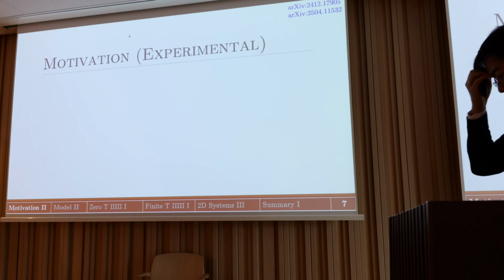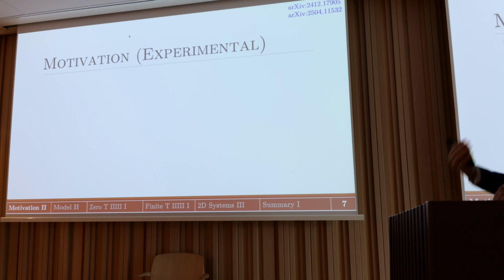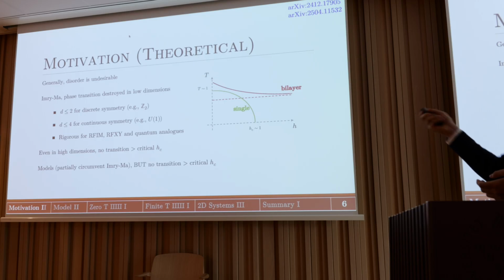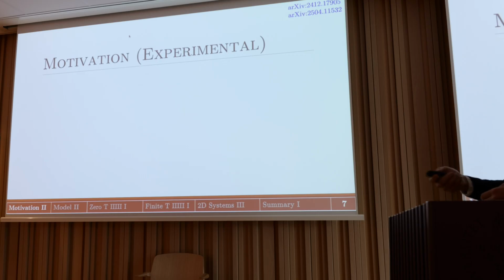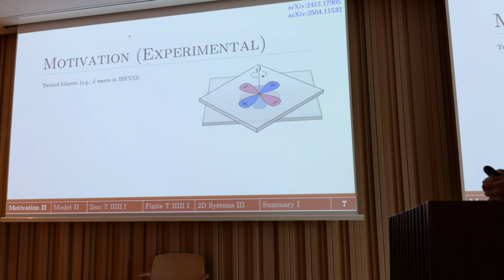Okay, so in this talk, I'm going to construct these examples, these red line bilayer systems. And the question is, okay, I can construct them, but are they relevant to physics? Are they natural in any sense? I want to argue that they exist in bilayer superconductors. In fact, they probably exist in 2-component superconductors in general.